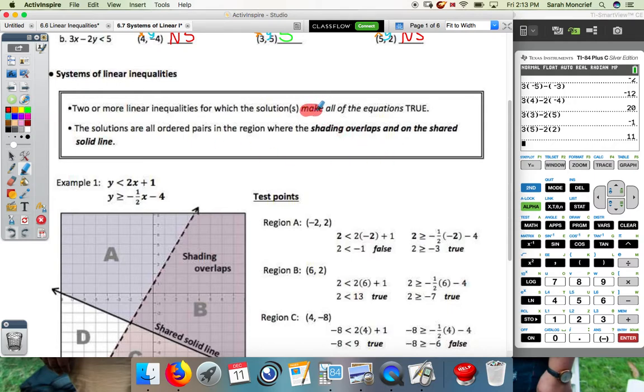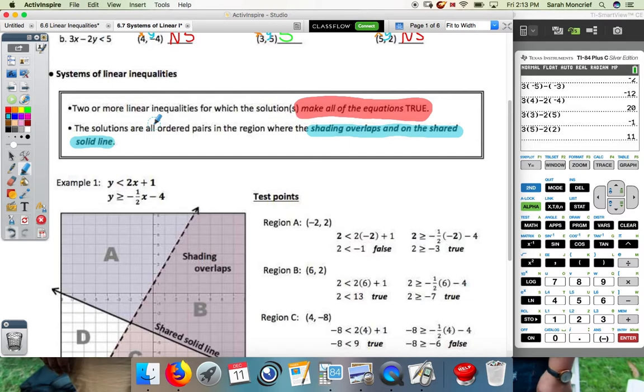That means it has to be a true statement for both of them, not just one, both. Solutions are ordered pairs in the region where shading overlaps and on the shared solid line.